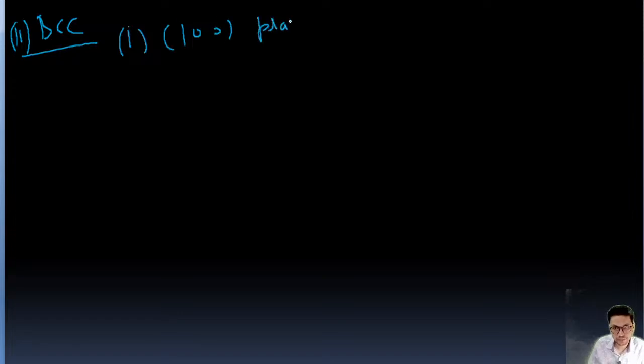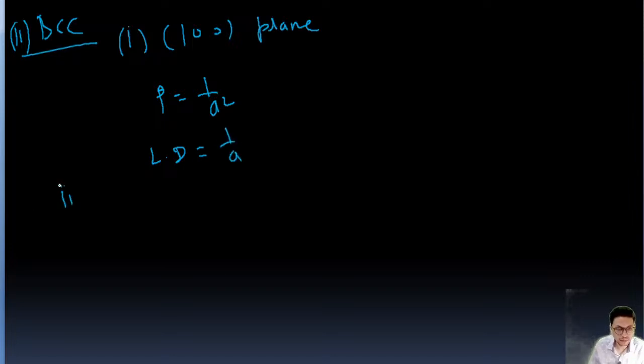For BCC, for the 100 plane, rho is going to be 1 upon a square, and linear density is going to be 1 upon a.